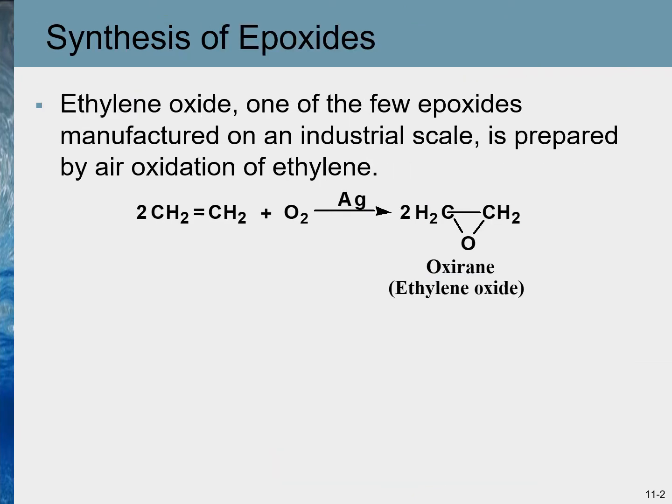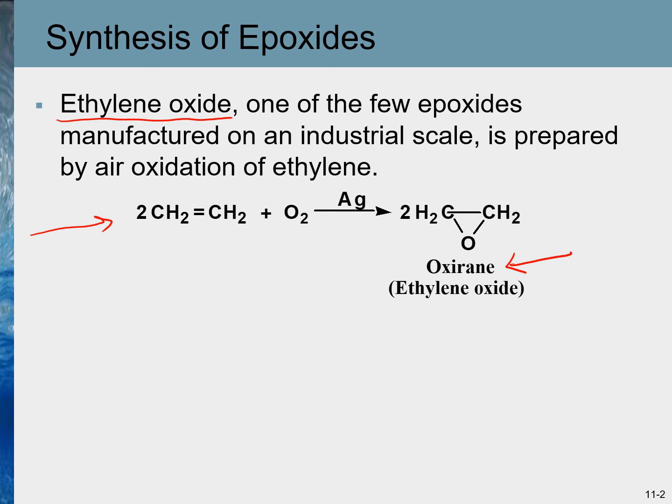Epoxides can be prepared from alkenes, but this is not the synthesis scheme as shown here. The correct synthesis reaction of epoxide is shown here. This reaction shows the synthesis of ethylene oxide, or oxirane. Oxirane is one of the few epoxides manufactured on an industrial scale, and it is prepared by air oxidation of ethene.